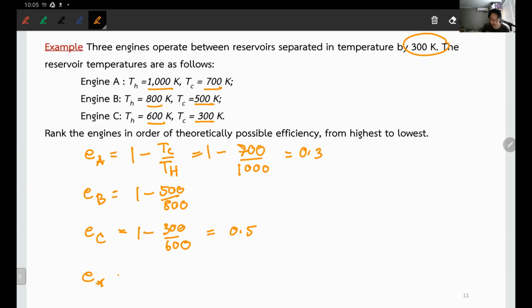If I can do an engine between 0 and 300, wow, that will be number 1. So that means the colder you can bring your temperature T_C down, the better the efficiency you're going to get. Is that right? Make sense?